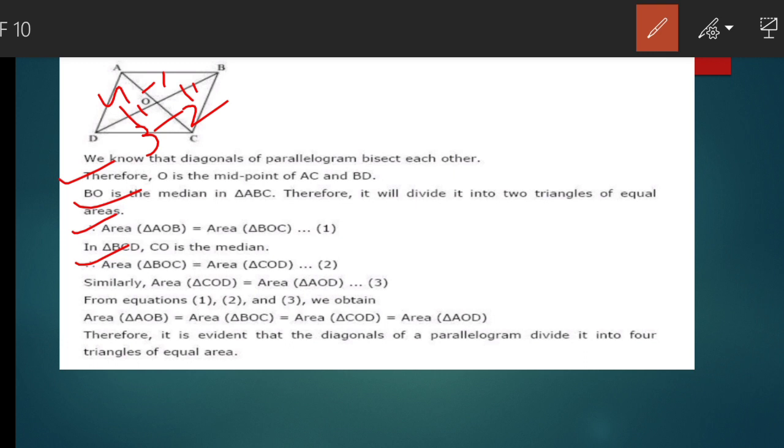So with the same argument, we will get area COD is equal to area AOD. So from equations 1, 2 and 3 together we can write that all the small triangles are equal. Therefore it is evident that the diagonals of a parallelogram divide it into 4 triangles of equal areas.